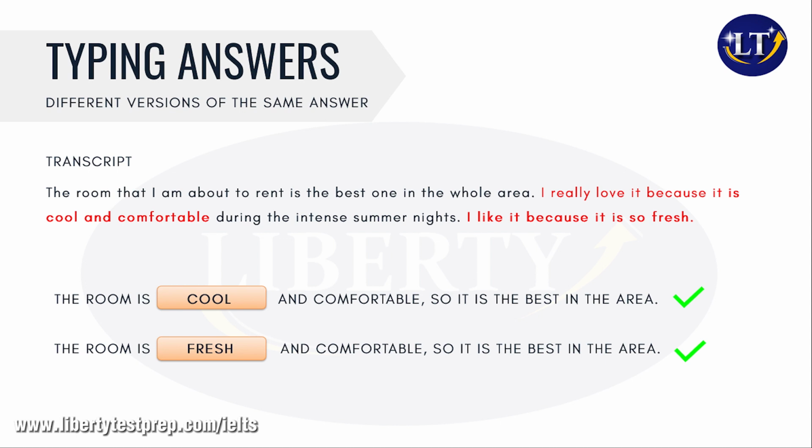And then the sentence says, the room is blank and comfortable, so it is the best in the area. Okay. Here we have 2 possible answers. We can write the word cool or the word fresh. Not only because they are synonyms, but because both of them have been mentioned in the audio, okay, as part of the same thing. So the person has mentioned that it's cool, and also at the end they say, I like it because it is so fresh. So it is fresh. So no matter what we write, both of them are going to be correct.